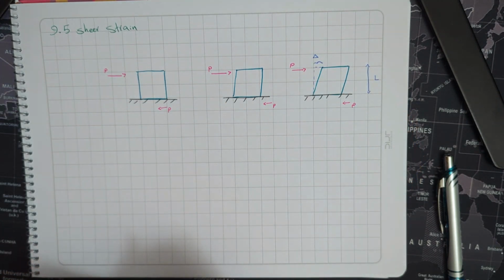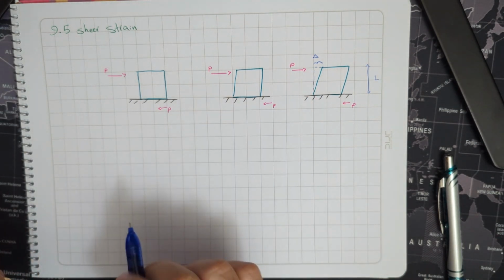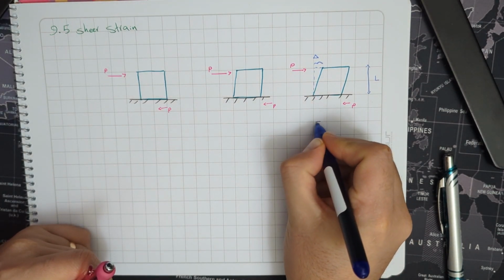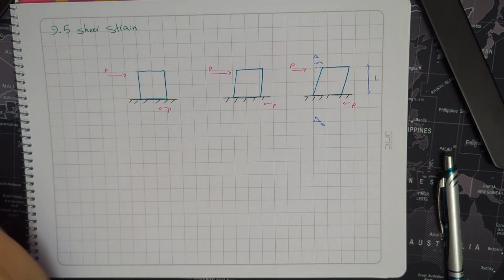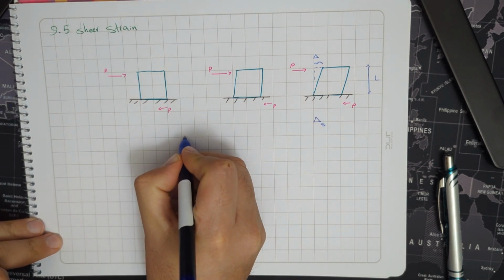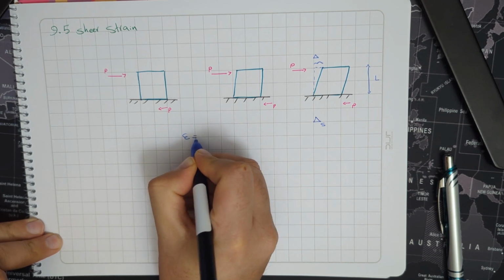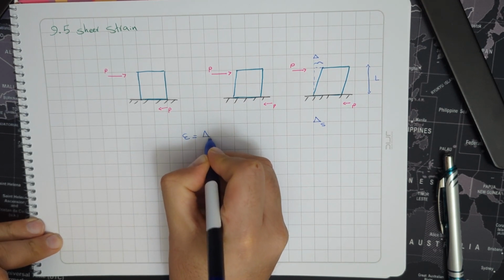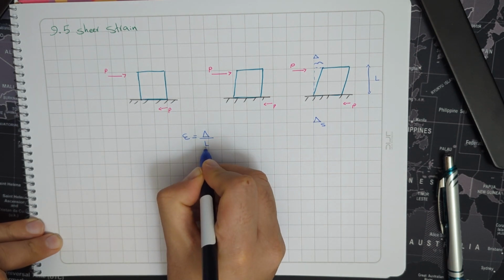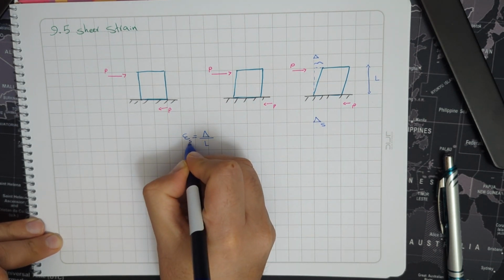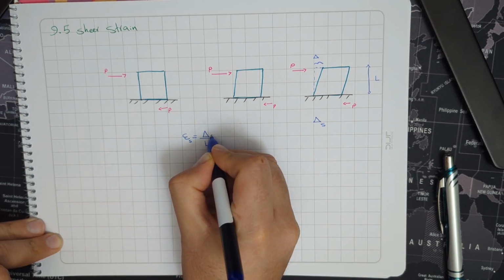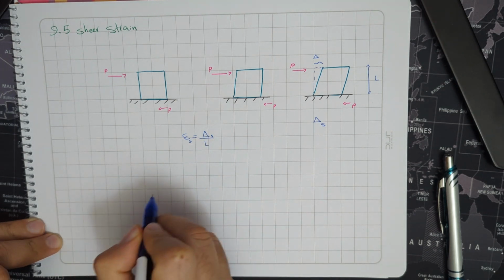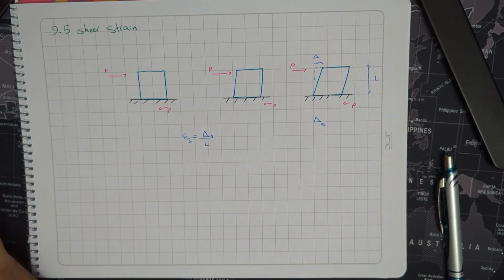Call it delta in here, and since it is shear strain, we call it delta S. Okay, and as the formula that we had before, epsilon equals delta over L. Epsilon S, or epsilon of shear strain, equals delta S, the delta of shear strain, over L.